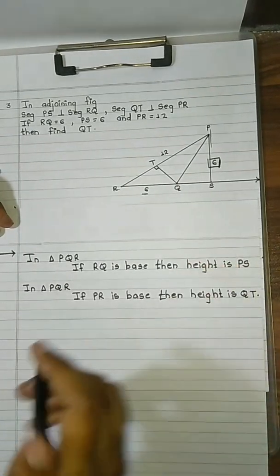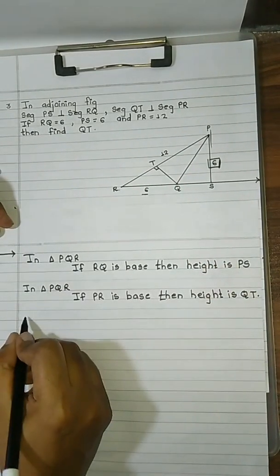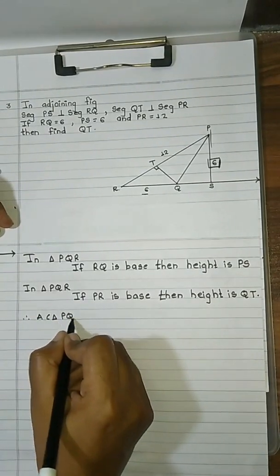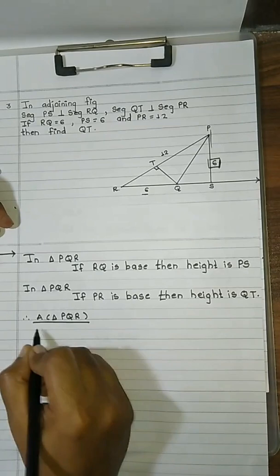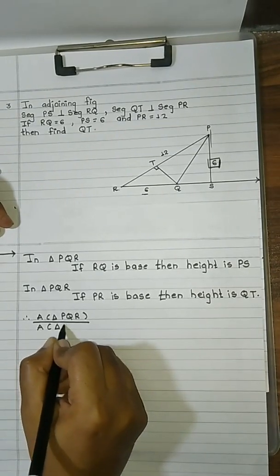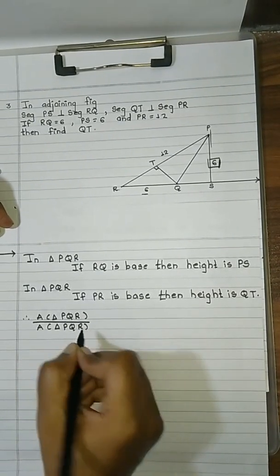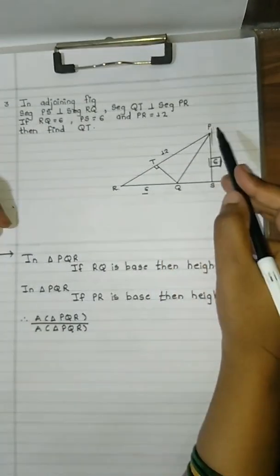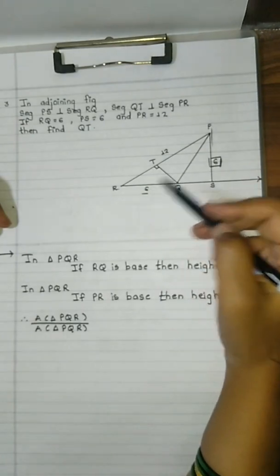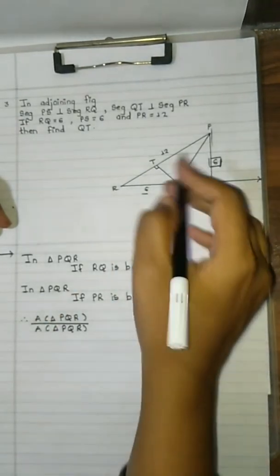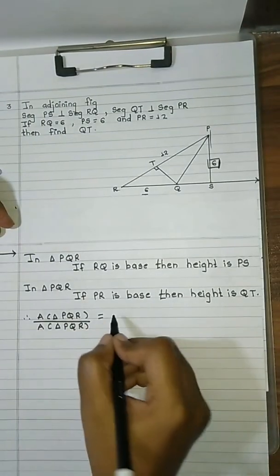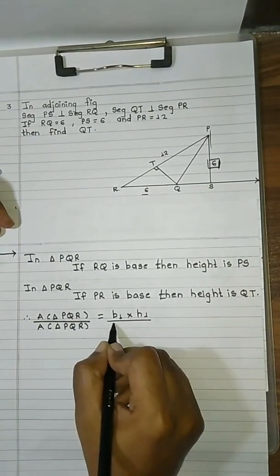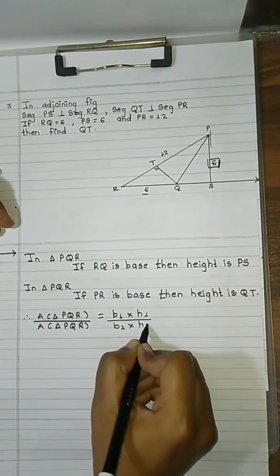Then area of triangle PQR upon area of triangle PQR. You have heard correctly, that is area of triangle PQR upon area of triangle PQR, as we have considered the same diagram, is equal to B1 into H1 upon B2 into H2.